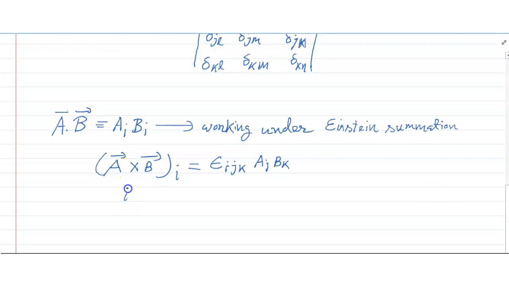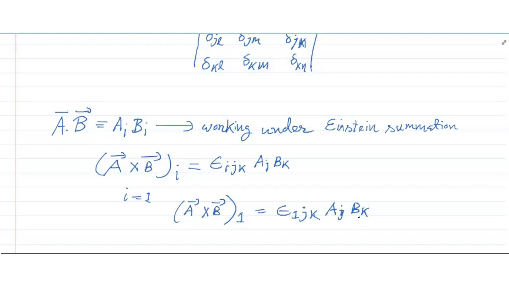If i is 1, then the first component of a cross b equals epsilon 1jk a_j b_k. So for instance, a cross b index 1, the first component, means i equals 1. So there are only two possible nonzero terms.